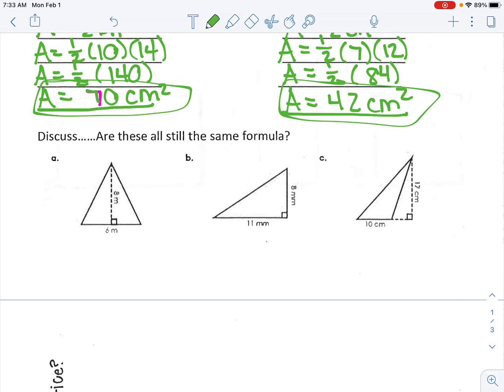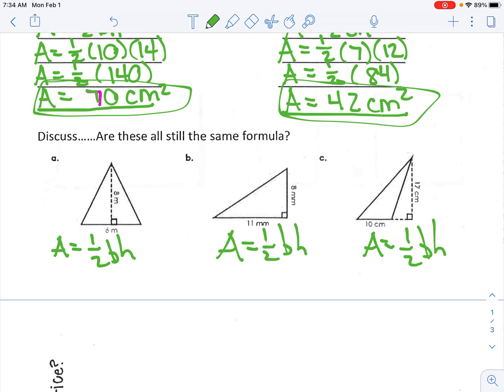Let's see. I've got a triangle for letter A, so that would be area equals 1/2 base times height. I've got a triangle for B, so that would be area equals 1/2 base times height. And a triangle for C, area equals 1/2 base times height. So yes, they're all the same. Now, the only thing I want to point out here on letter A, we have a base of 6 meters and a height of 8 meters. When you're looking at a triangle, your base and your height might be found in different places.